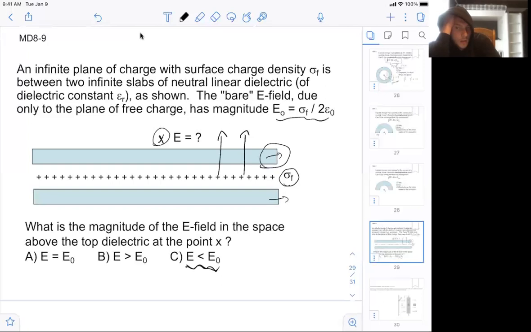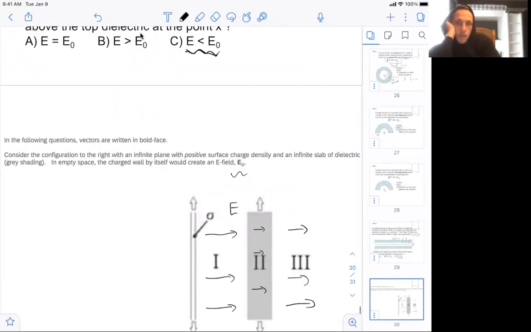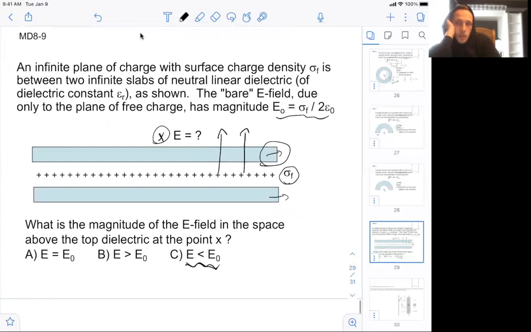Shouldn't it be smaller? Well, you have already done this in your pre-lecture, so I was just curious what you have answered there. Any thoughts?